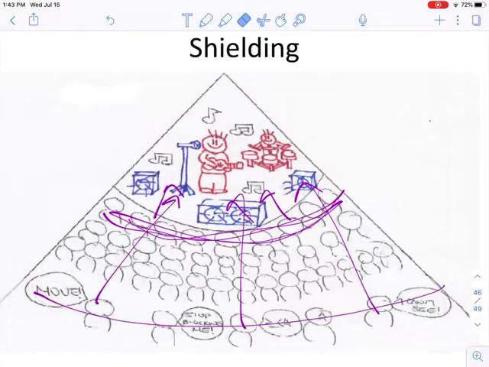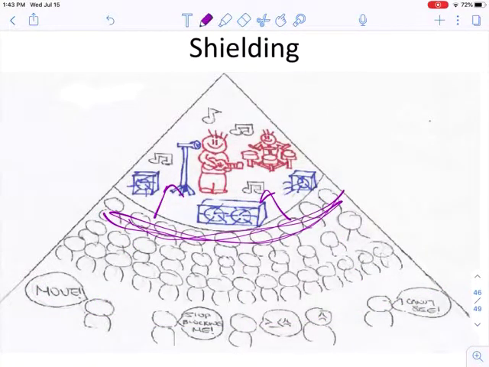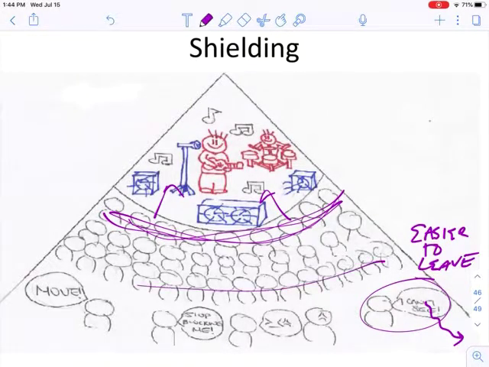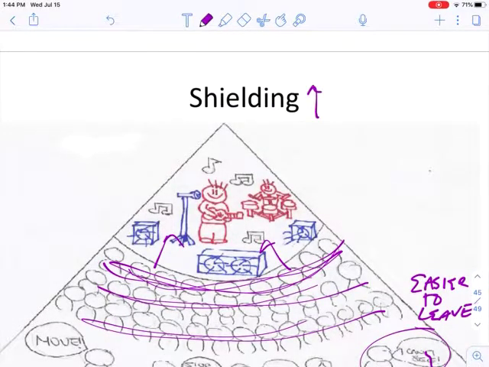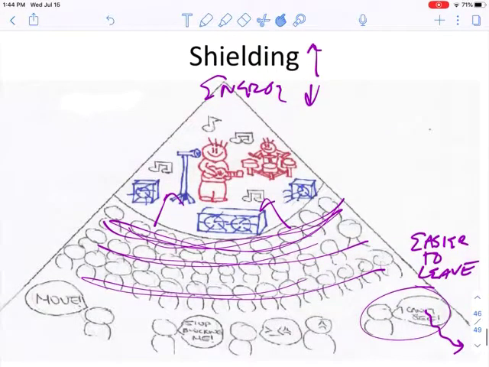And so these people out here, because they can't see, look at them all complain here. Oh, stop blocking me, move, I can't see. They're more likely to wander away and leave. And so they are easier to leave because there are all of these people that are shielding them from the show that is going on. All right? So as shielding increases, your energy decreases. It's easier to remove those.